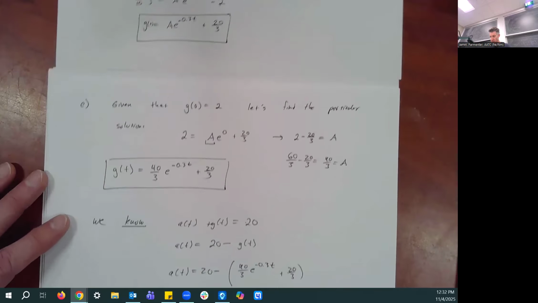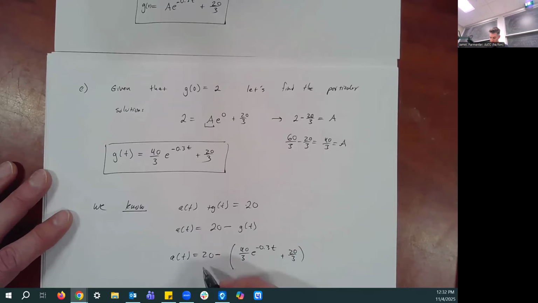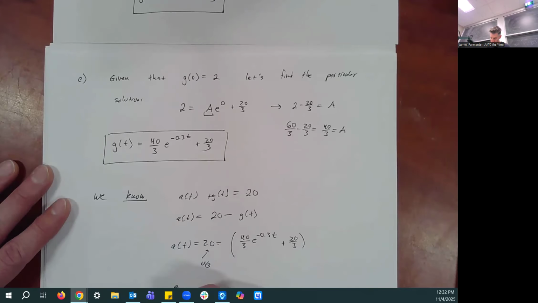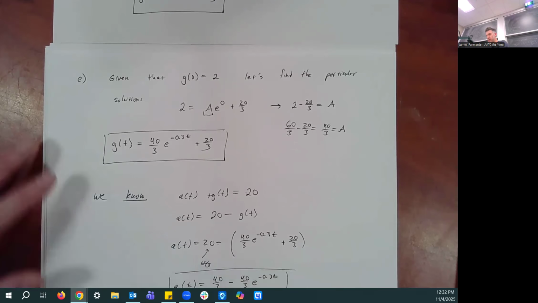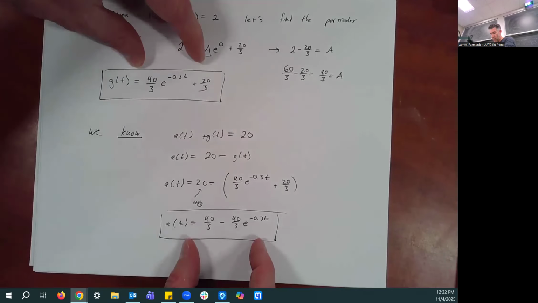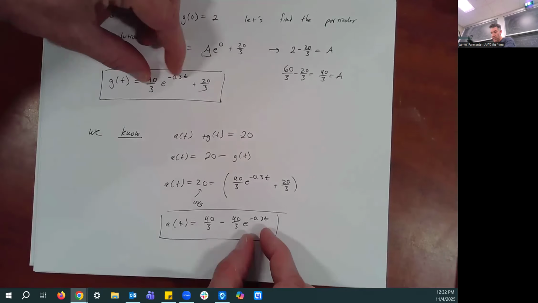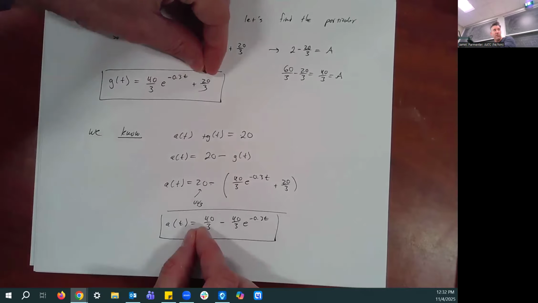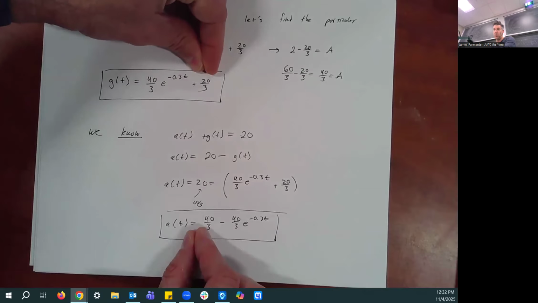And simplifying this a little bit, the 60 thirds here minus the 20 thirds there becomes A of t equal to 40 thirds minus 40 thirds e to the negative 0.3 t. If you add those two solutions together, it's somewhat obvious that the e to the t part cancels out, and the 20 thirds plus 40 thirds gives you 60 thirds, which is 20.